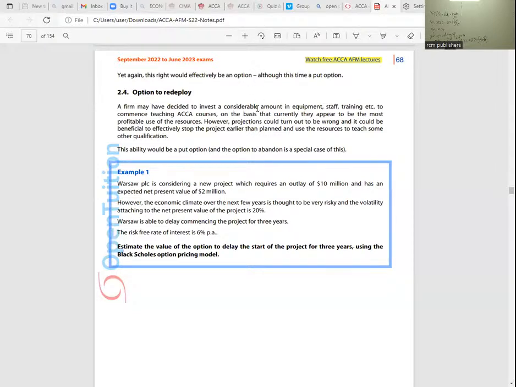Is it going to be a put option or a call option? This is a call option. To delay is a call, because at the end of the day, even if it's delayed, you'll have to buy.